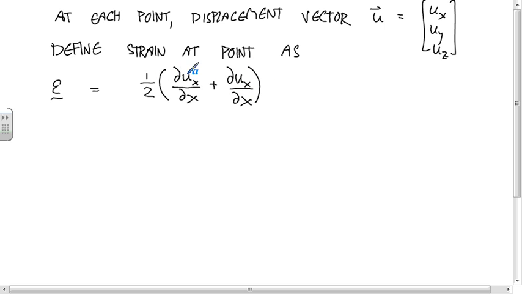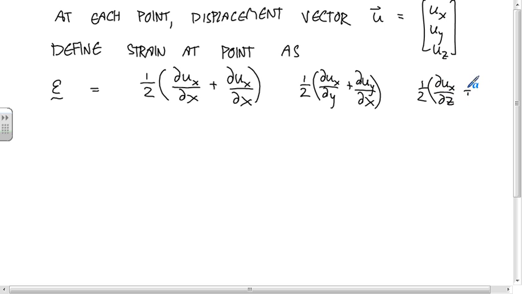This could be simplified into just dux dx, but I'm going to write it this way because it sort of makes a pattern evident. Then the next element is 1/2 times the partial of ux with respect to y plus the partial of uy with respect to x. The third element is 1/2 times the partial of ux with respect to z plus the partial of uz with respect to x.